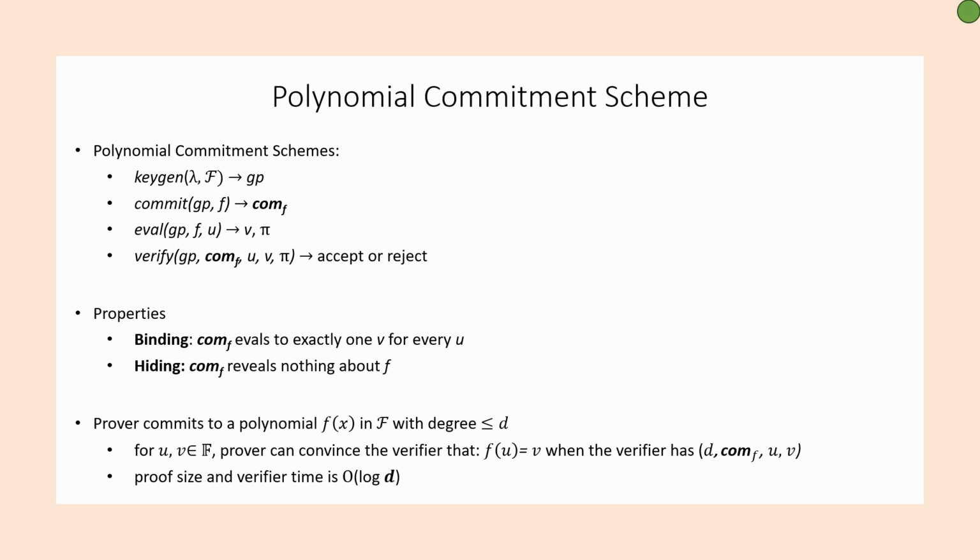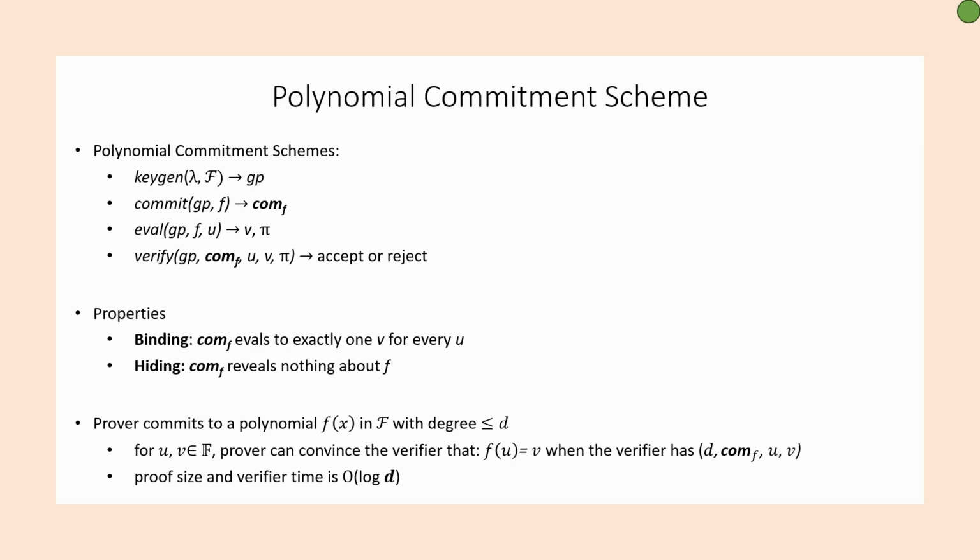So finally, we can say that when a prover commits to a polynomial f of x in the IOP F with degree at most d, for the elements u, v in the finite field F, the prover convinces the verifier that f of u equals v when the verifier only has d, a commitment to f, u, and v. The proof size and verifier time is O of log d.